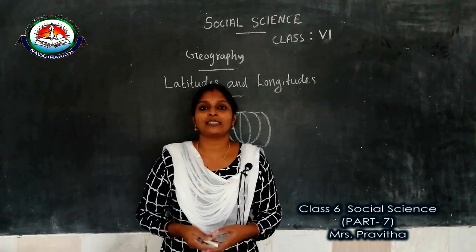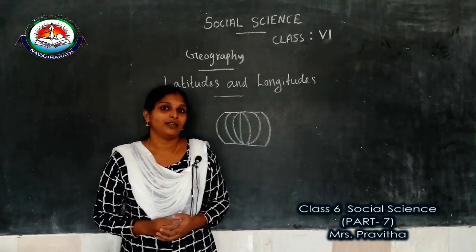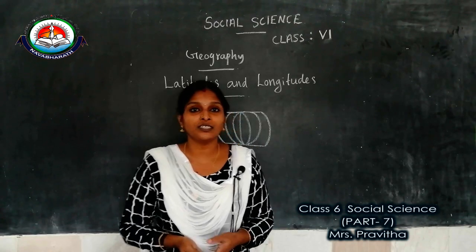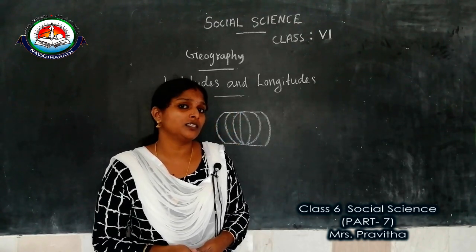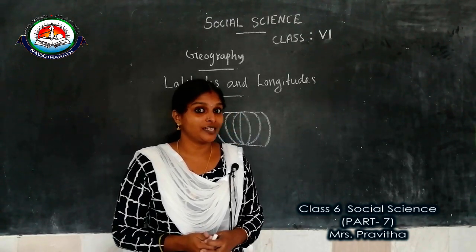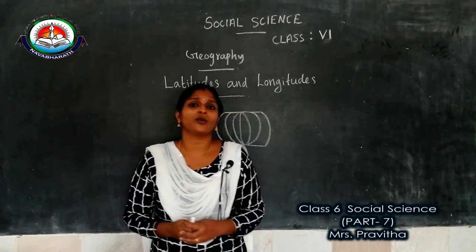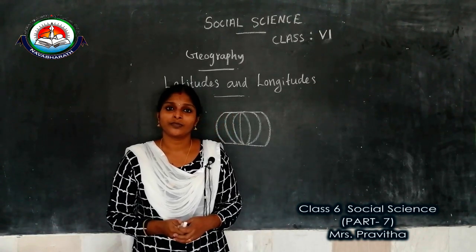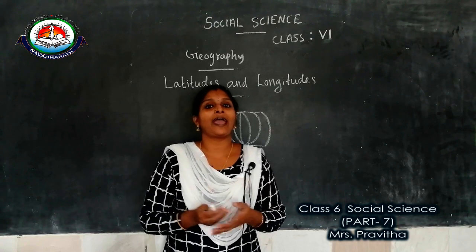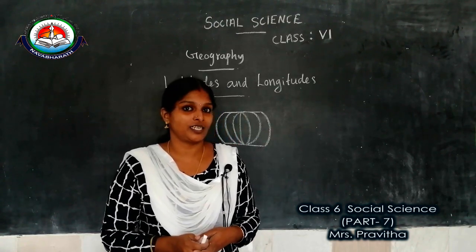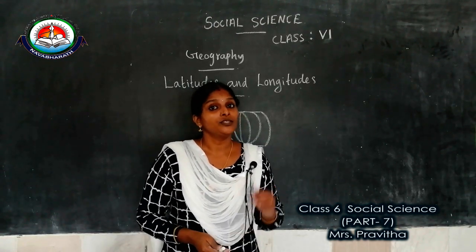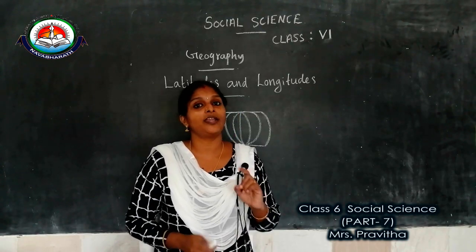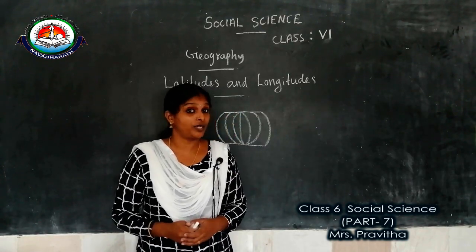Then we discussed two motions of the earth. Which are the two motions of the earth? Rotation and revolution. What is rotation? The earth moving on its own axis is known as rotation. The earth takes 24 hours or 1 day to complete one rotation.